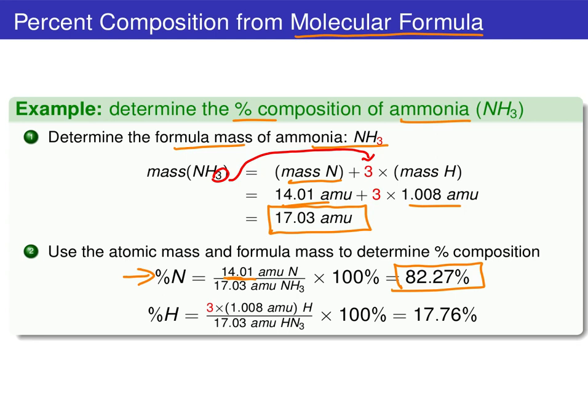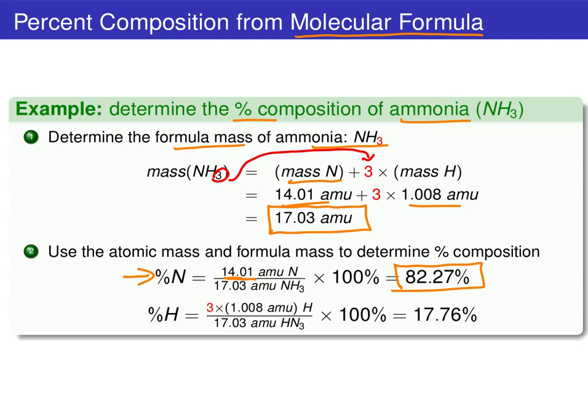Then there's, of course, two ways that we could go about finding the percent of hydrogen. We know that the remaining 17 some percent must be coming from hydrogen because there's only 2 elements present. So you could, of course, take 100 minus the 82 and arrive at the answer. But what we want to do is get practice using our formula and our definition for percent composition.